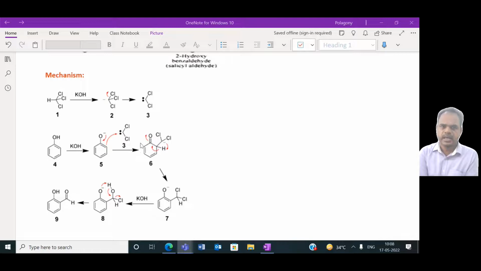When the carbene carrying the positive charge is attracted to the pi electrons, the pi electrons are used for making a bond.